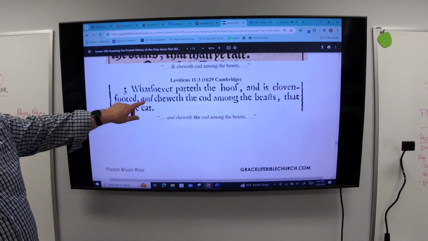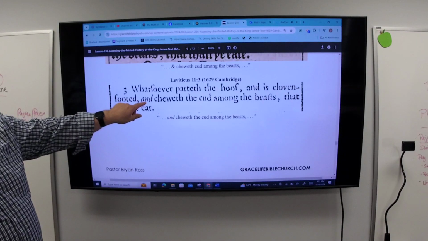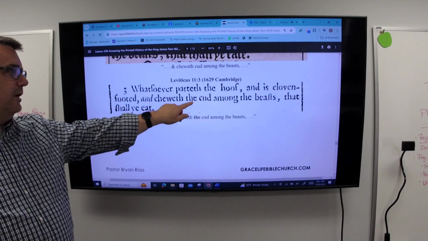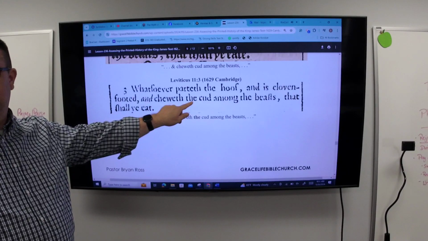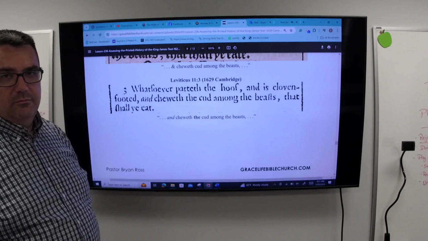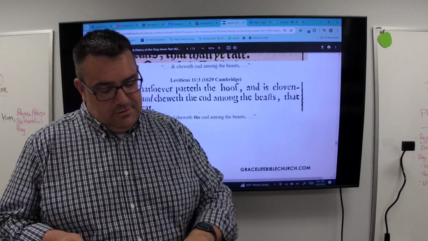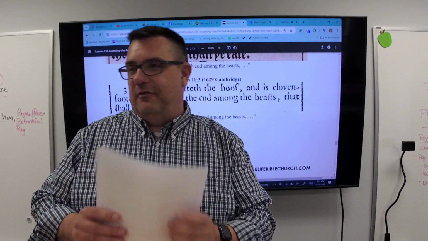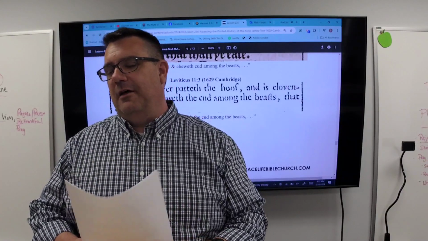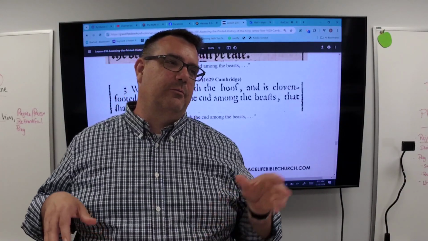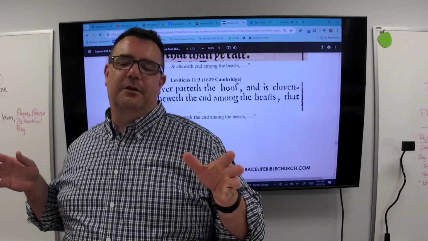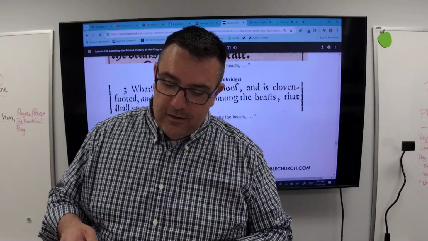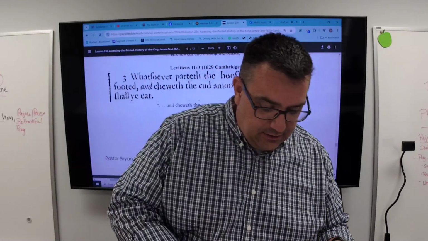Notice they reinsert the word and, they get rid of the ampersand. And cheweth, and what do they put back in? The. And cheweth the cud. So you have examples. In other words, by adding the definite article, now they're not acting in accordance with the principle of literalism. Now they're seeming to do what? The opposite. Okay.